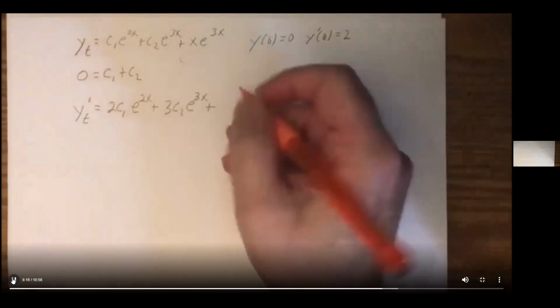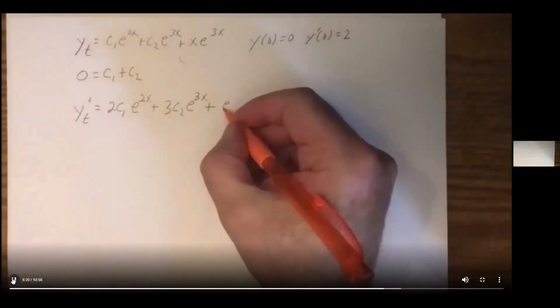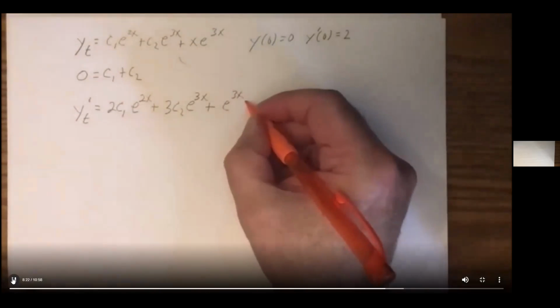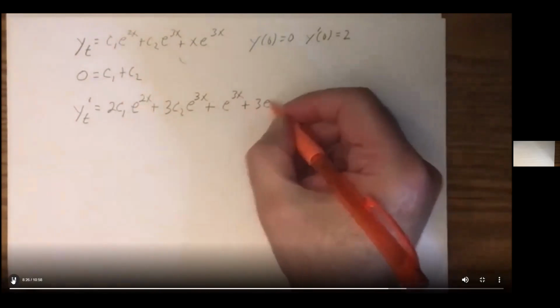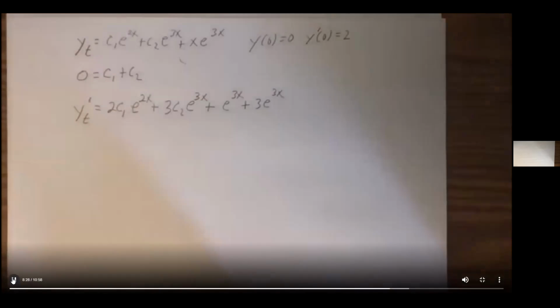Now here I've got to use the product rule. So it's going to be e to the 3x plus 3x e to the 3x.